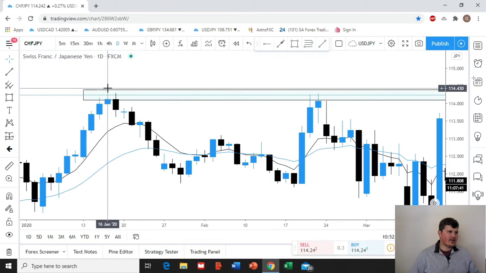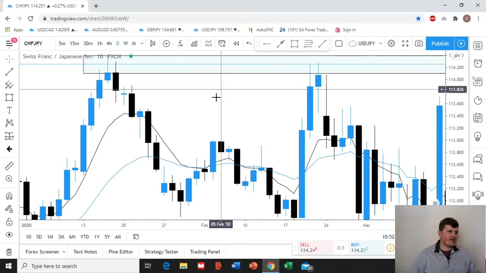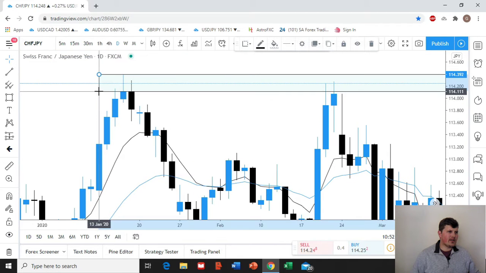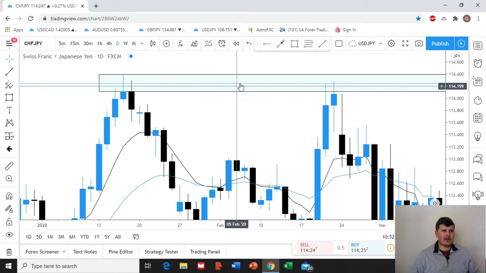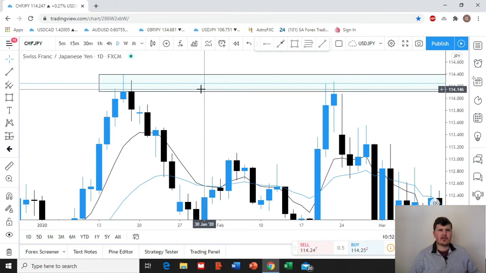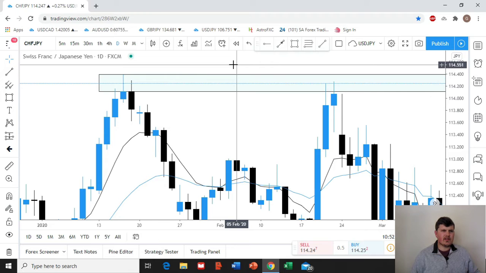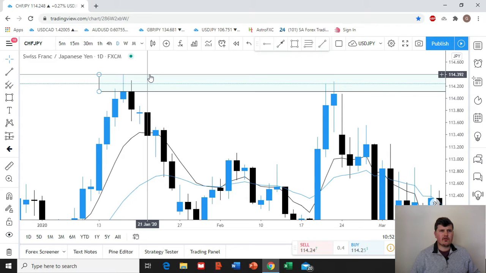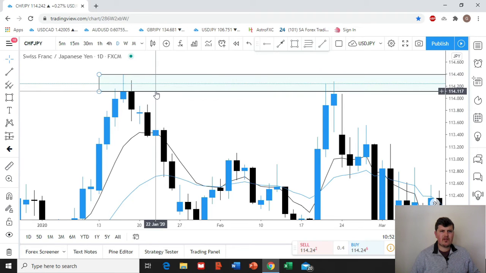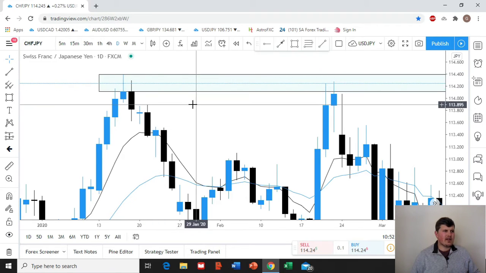As you can see, from the week high to body closure, I just like to draw my resistance areas like that, just to remind myself that resistance isn't just a singular price, it's a range like this, from 14.4 to 14.1.